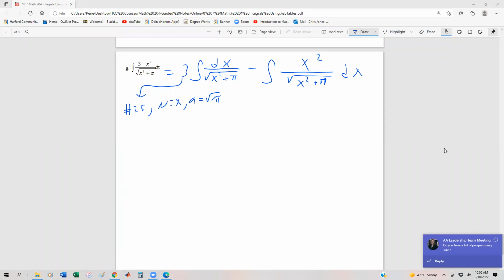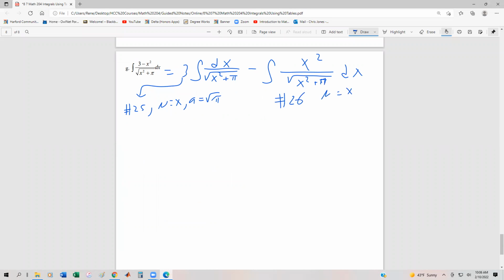So this is going to be, I think, number 26, I believe we said. And with that, we're going to have u equals x, and a equals the square root of pi.